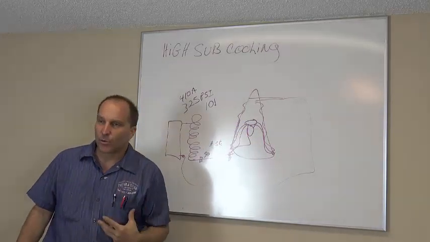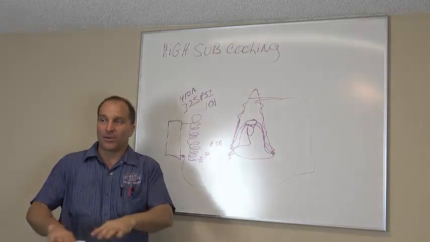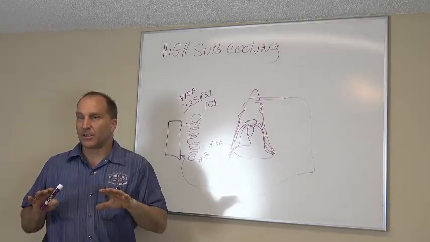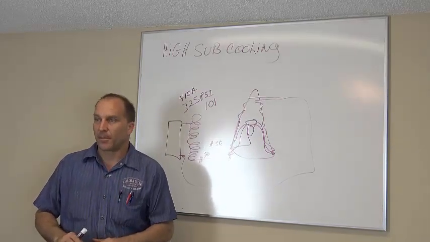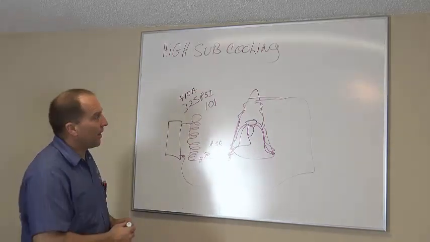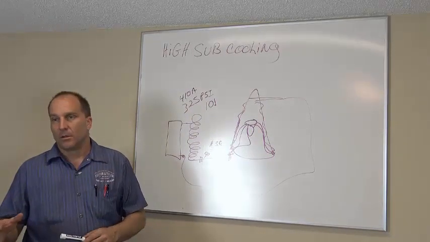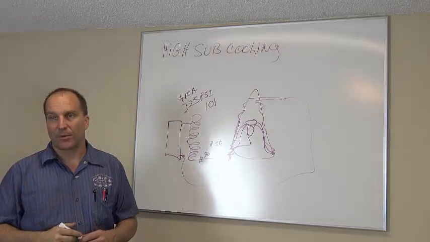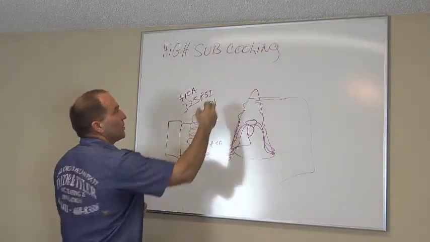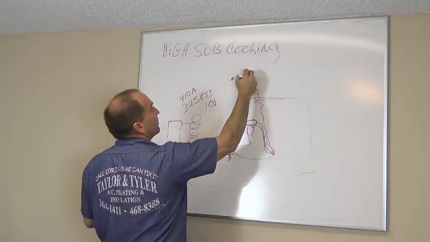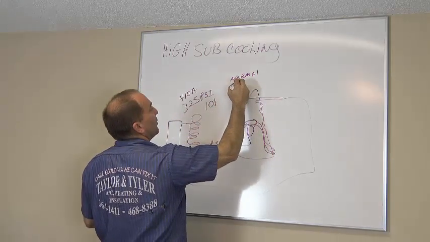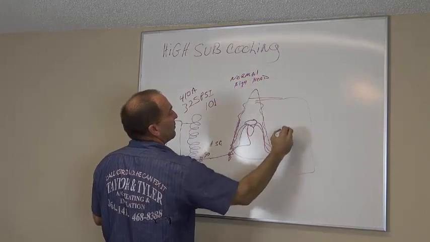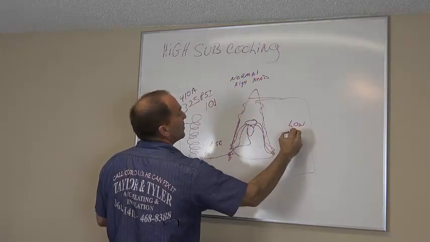And I'm telling you the system is perfectly charged right now, but my TXV is restricted. What am I going to find? I'm going to find a normal to high head pressure. Okay? And I'm going to find a low suction pressure.